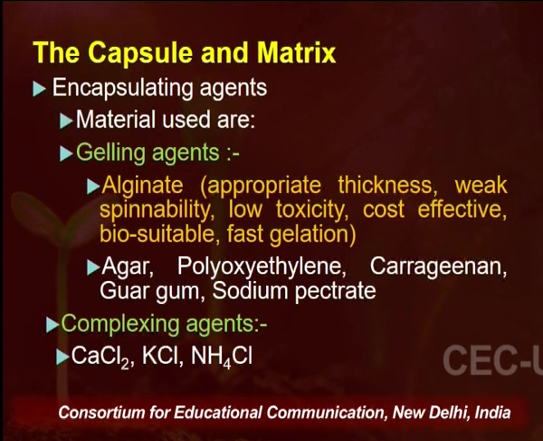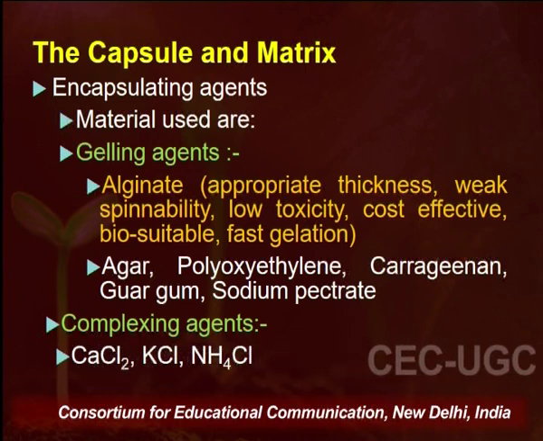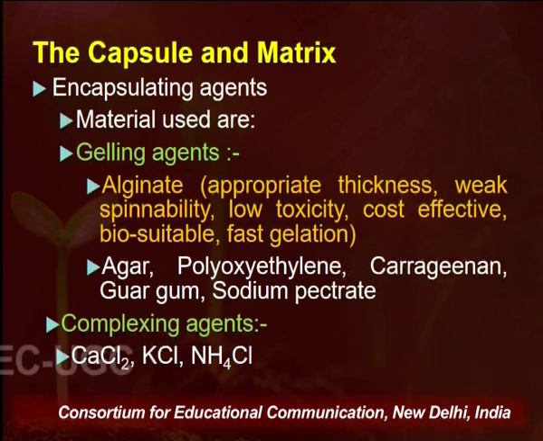Now, we move on to the second component of synthetic seed, that is the capsule or the matrix, and we discussed that it is largely made up of the encapsulating agent, the agent which is used to encapsulate the explant material. The most widely used gelling agent is alginate because of its appropriate thickness and weak spinnability.